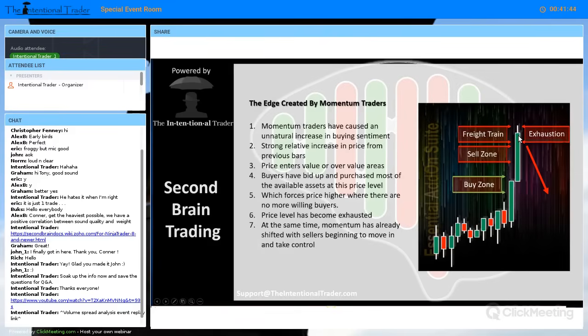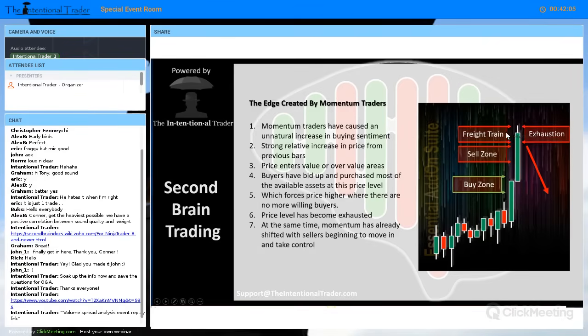You get that feeling like, oh God, how did that happen? Well, you were one of the buyers that didn't want to get left out. You got fear of being left behind. So we get this last little oomph here of this freight train, and then exhaustion sets in.